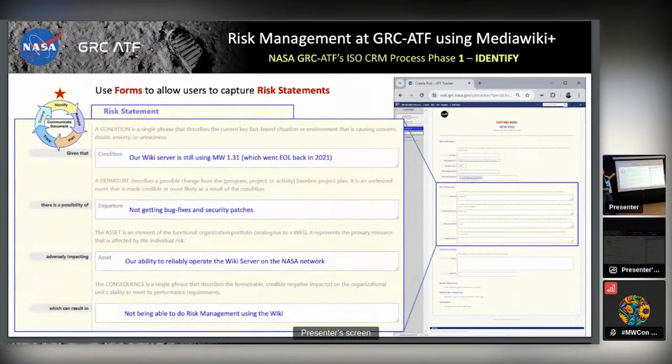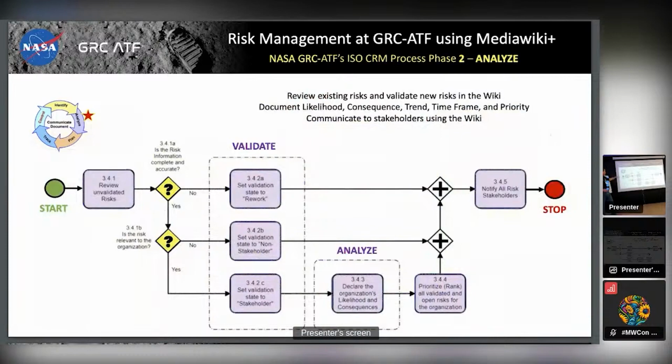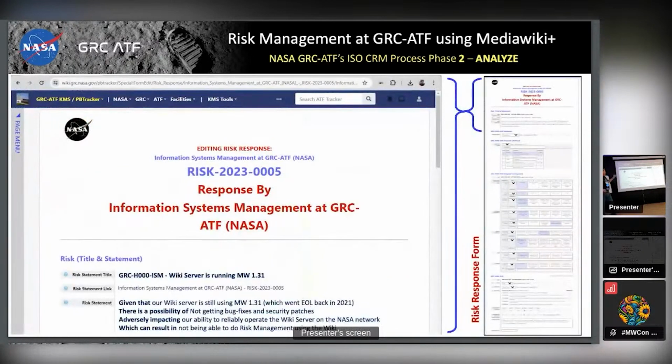We could say, and I'm going to skip over all this, but this is the task of trying to define at the organizational level what the risk statement is, what the impact is. And then we have another process for validating and analyzing, and that's done by every stakeholder organization. This is an example on the far right. Again, we've zoomed out and we're looking at the total risk response form.